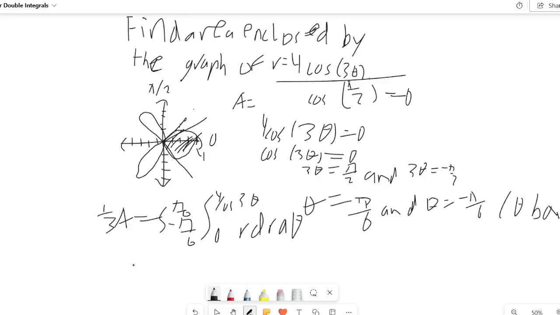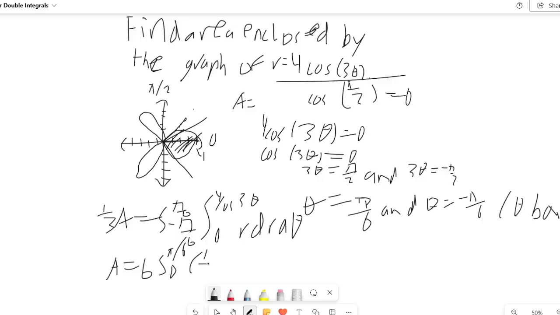And notice that we have symmetry here in the rose curve, that the area from 0 to pi over 6 is the same as from negative pi over 6 to 0. So we can simplify this even further. From 0 to pi over 6, now that we've brought the other symmetrical part out to the coefficient. And now let's evaluate this part of the integral.